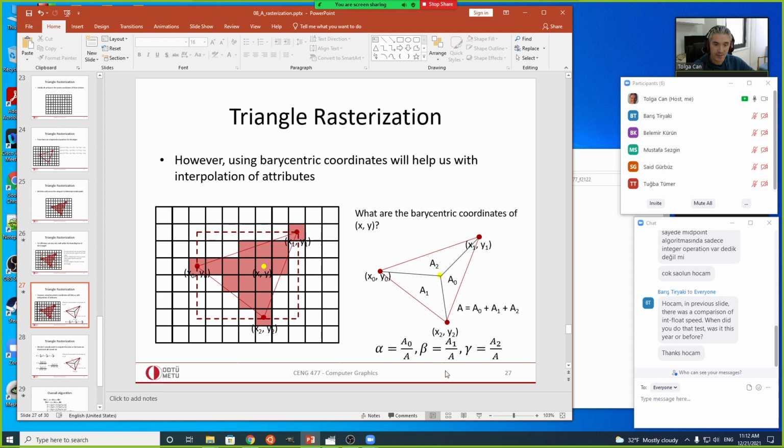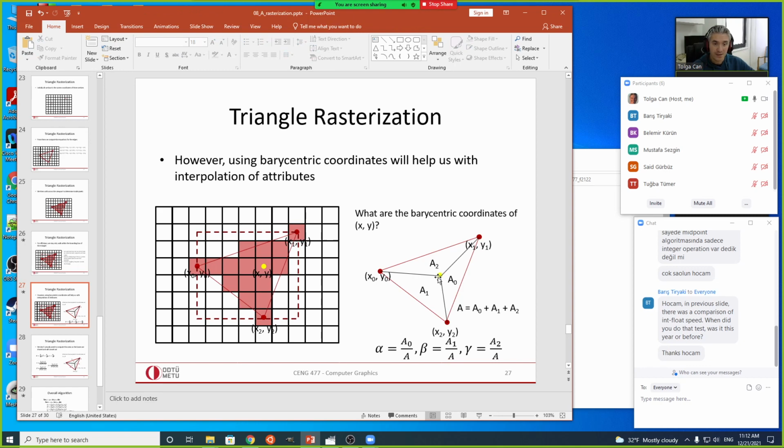If you remember, barycentric coordinates were defined in such a way that the weight assigned to this x0, y0 is the ratio of this area A0 to the entire triangle area. Since all of the denominators are A here, we don't actually need to compute them, but A0, A1, and A2, we need to compute.